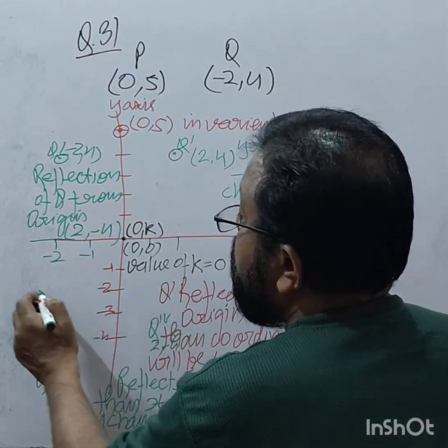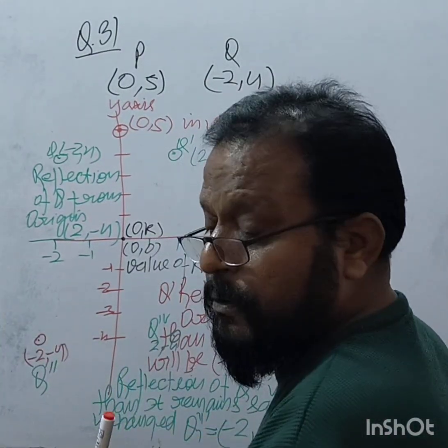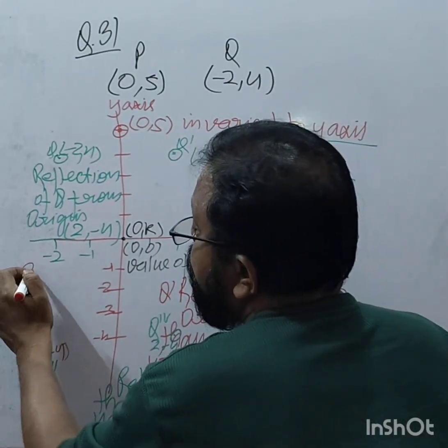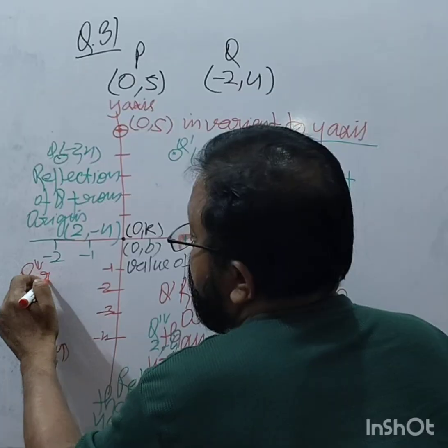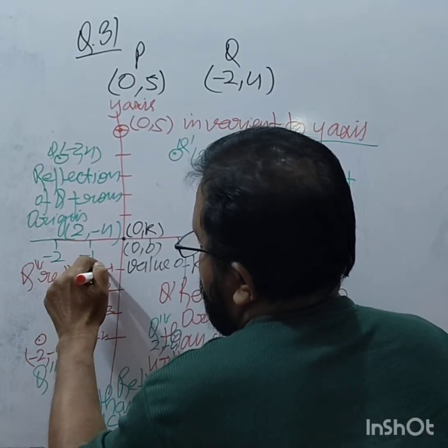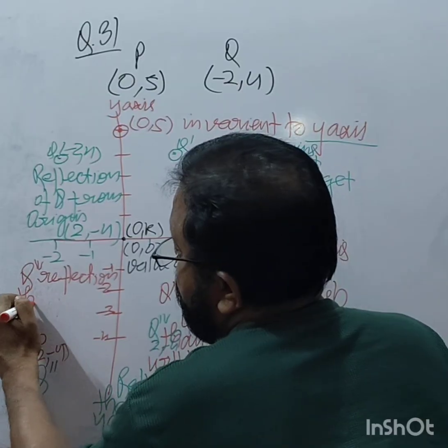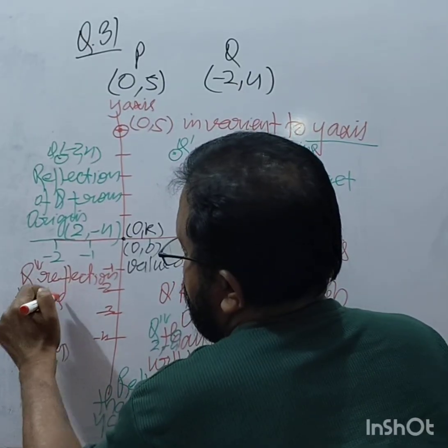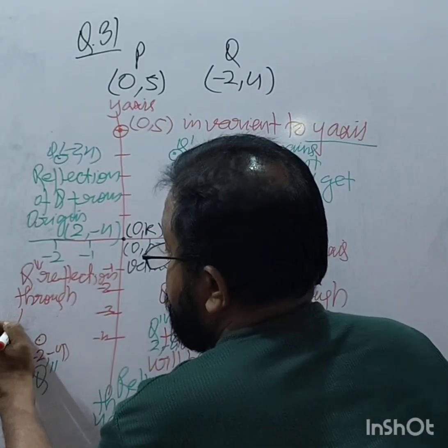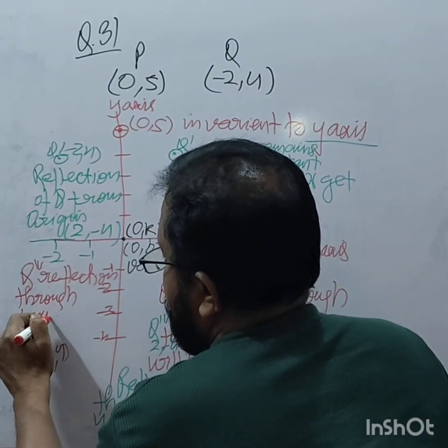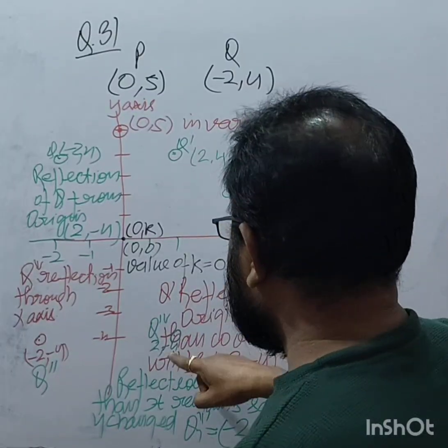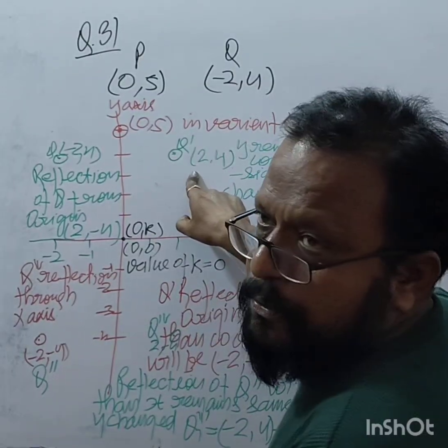Q4 reflection through the x-axis: x is constant, that is 2.